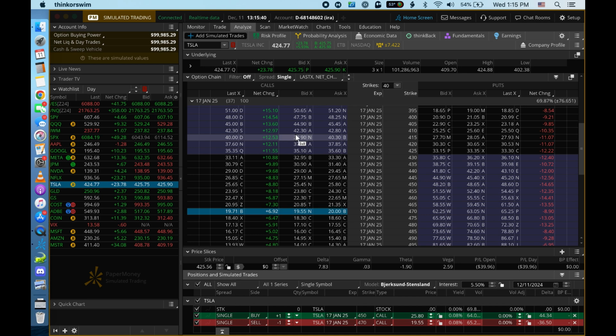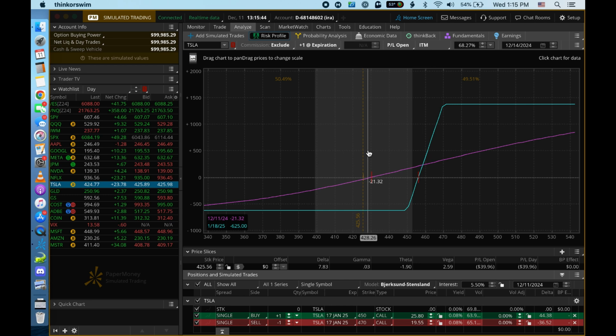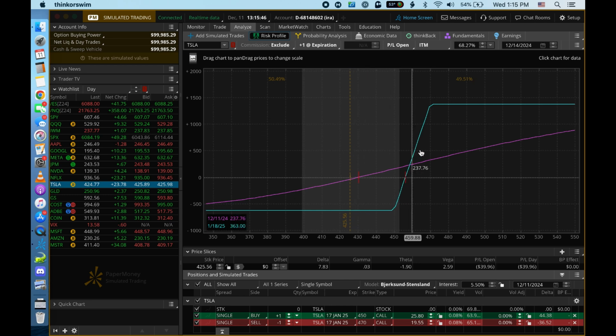Now, let's take a look at our risk profile and see what it looks like. You can see that at the 470 short call strike price, we have capped our maximum profit potential. This is the new maximum that we can make. And in exchange for doing this, look at our loss.